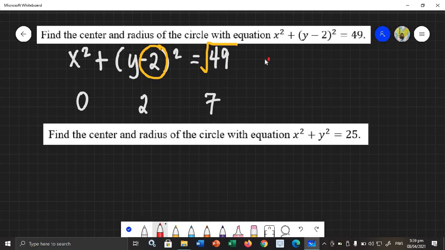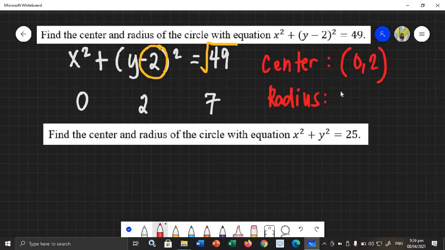So arranging this, ang center natin is equal to 0, 2. Ang radius natin is equal to 7. So, that is the center of the circle having this equation. Ang center niya is 0, 2, and yung radius niya is 7.